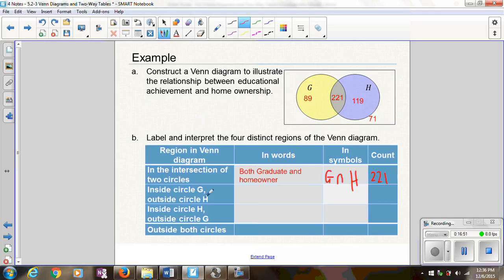Inside circle G but outside circle H, if I think about that, those are the graduates who do not own a home.